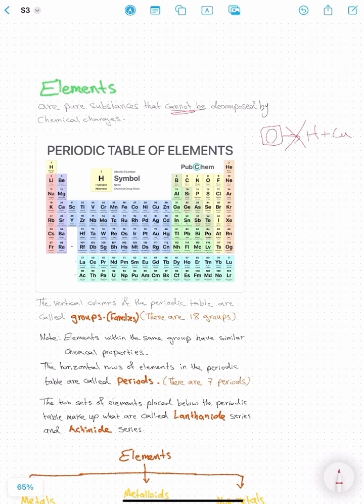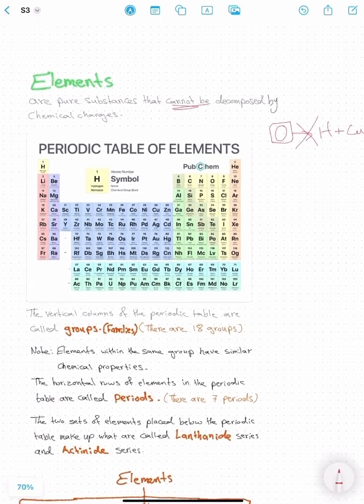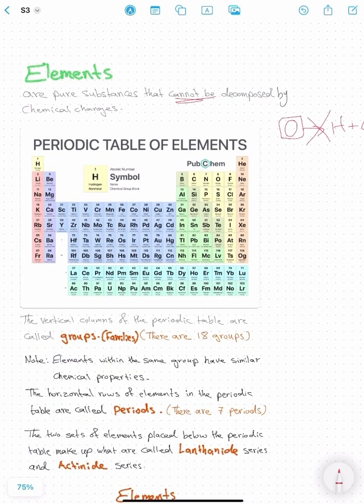So let's have a look at the periodic table of elements. This table that you see, we call it the periodic table. It consists of more than 100 elements that have been discovered. In this periodic table, we have many things. You see that we have squares. Each square consists of an element. For example, square number 1, which is this one, we have hydrogen.